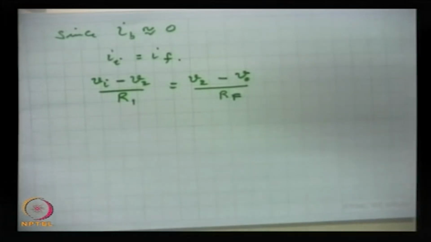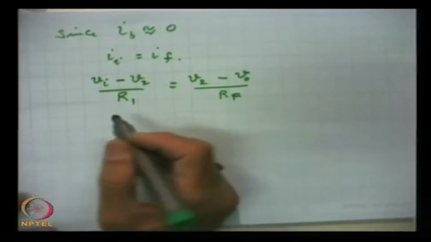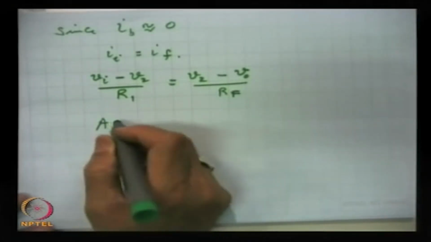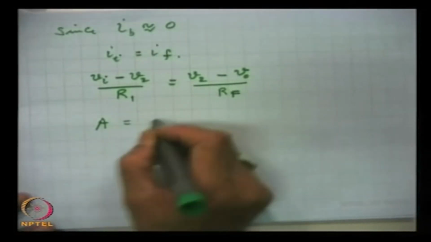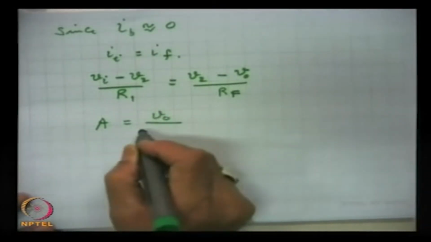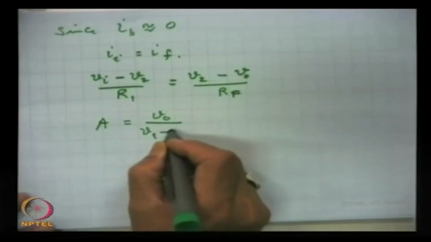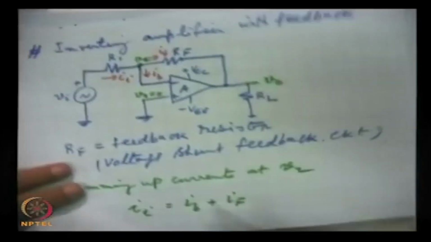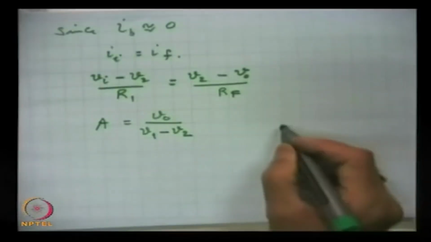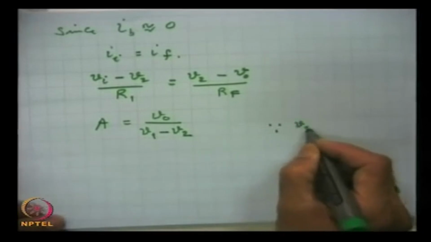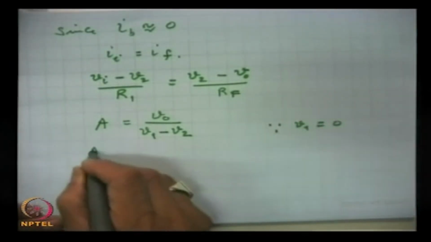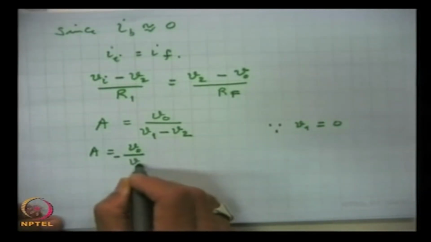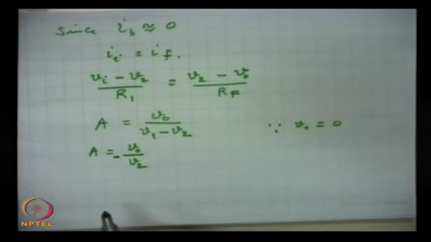And from here we can find, what will be the gain of the amplifier? This is equal to V0 by V1 minus V2, but V1 is 0 because it is grounded. So, since V1 is 0, A is V0 by V2, and of course there is a minus sign here.